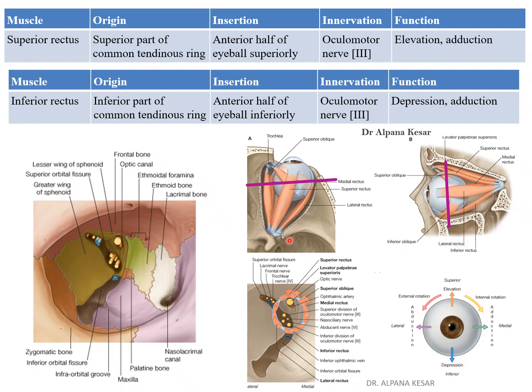Both superior rectus and inferior rectus, after taking origin from the common tendinous ring, run laterally and forwards. When both the muscles contract together, they help in medial rotation of the eyeball and thus help in adduction.